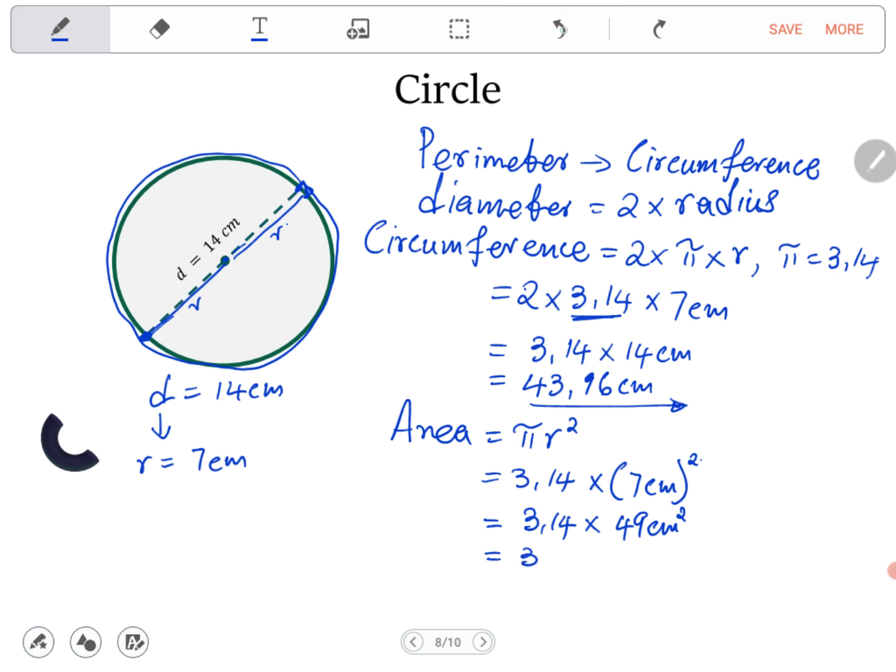Now we're getting to the final answer. So it's 3,14 times 49, which is 153,86 centimeters squared. All right. Now often students, after they got 3,14 times 49, they square the 49 again. I don't know why, but please, this time around, do not make the same mistake.